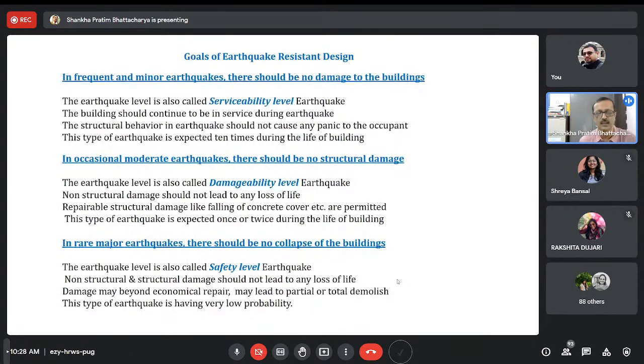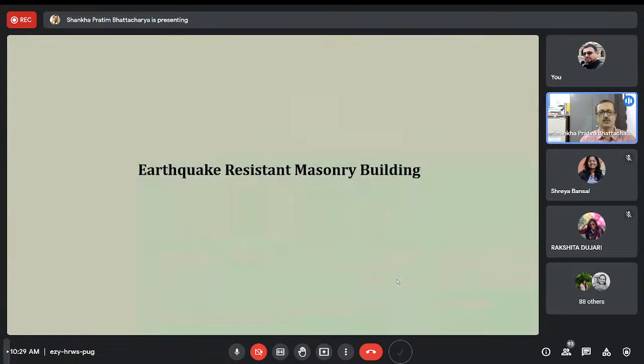So this is our India, as far as our country is concerned, we are going to see in this manner. So let us now go to part A, where I am going to talk about the earthquake resistant masonry building. And now you should see that the design should be such a way that it will not damage the building.